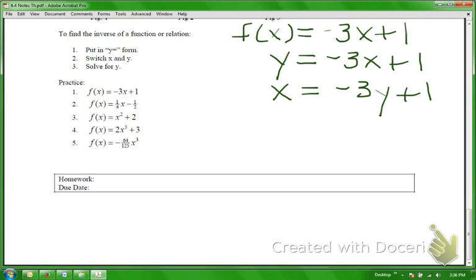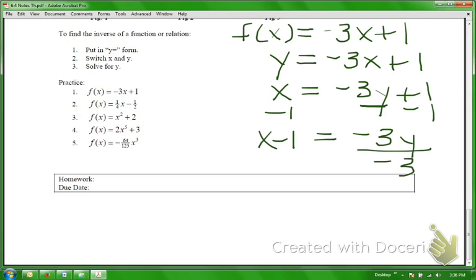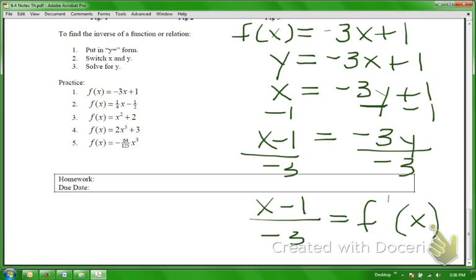Don't do anything else, just switch x's and y's. Now the third step says solve for y. Well, here's my y right here. That's what I want to solve for. So I'm going to subtract 1 from both sides. Gives me x minus 1 equals negative 3y. I'm going to divide by negative 3. So x minus 1 over negative 3 equals f inverse of x. And you're done. That's all there is to it.